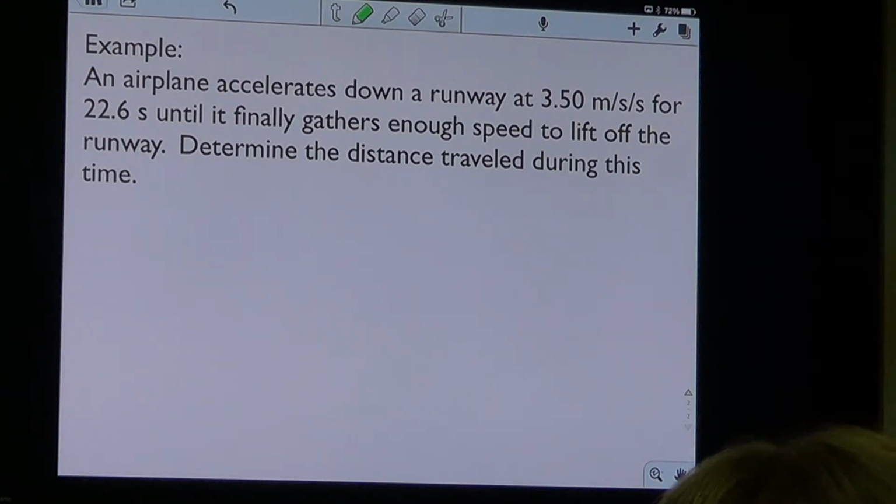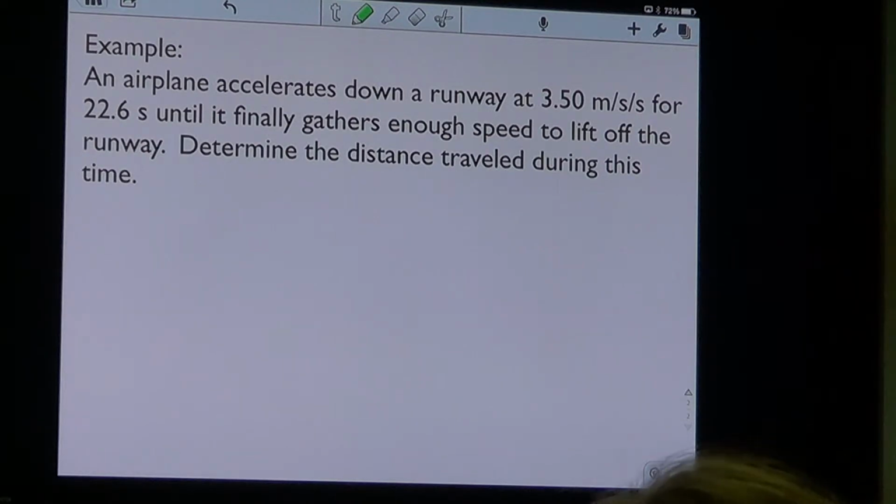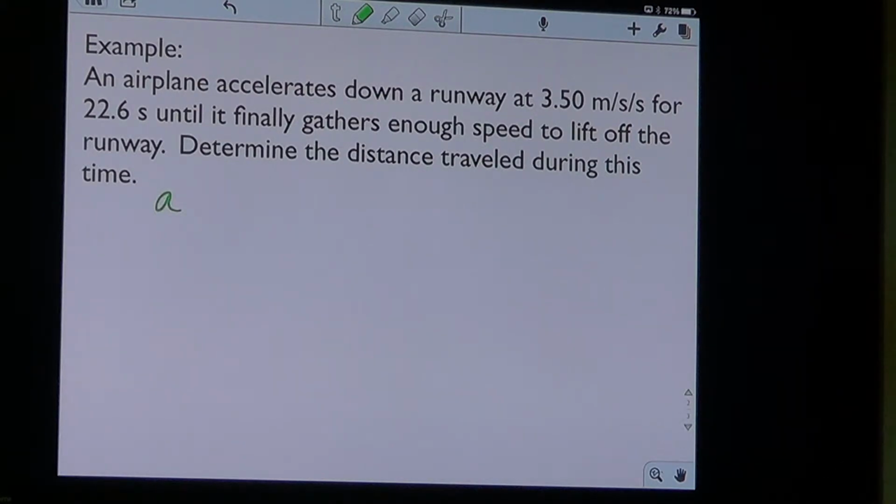So, what do we know? Okay, so we know acceleration, which I'm gonna say A, because that's the variable that's used in the equations, is 3.5.